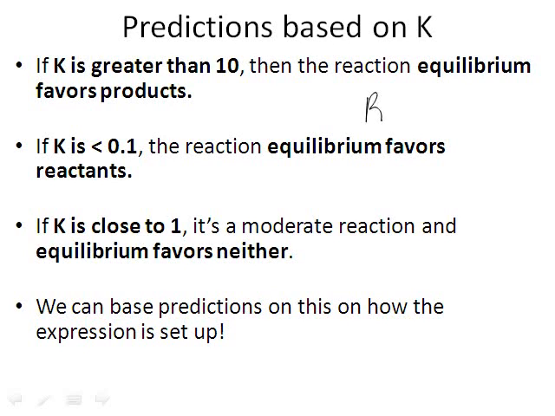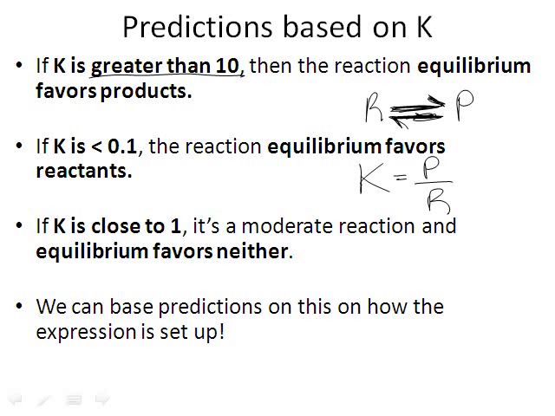In a general reaction, we have one arrow going from reactants to products, and another arrow coming back from products to reactants. Our K term is a ratio, products over reactants. So if K is very big, greater than 10, we're going to say the reaction favors products.